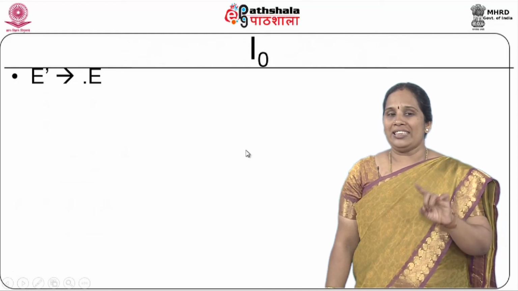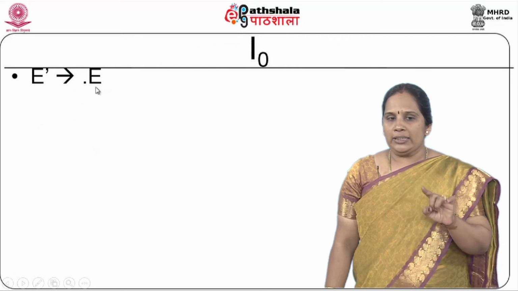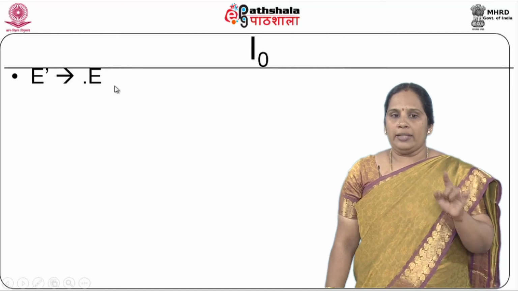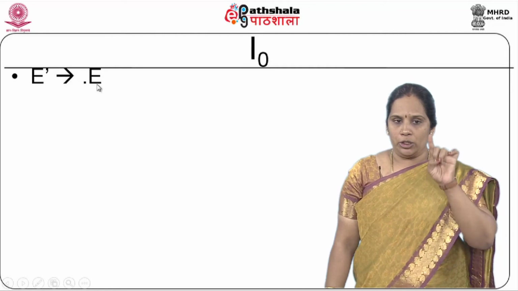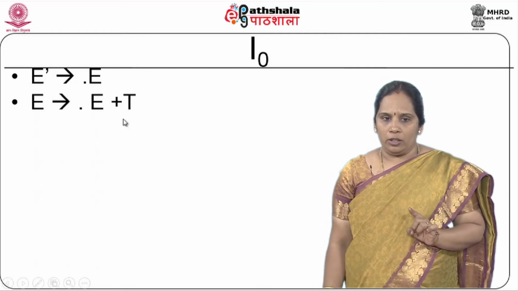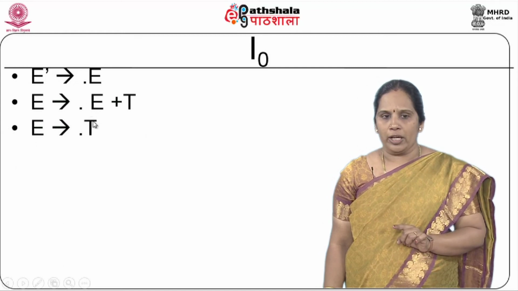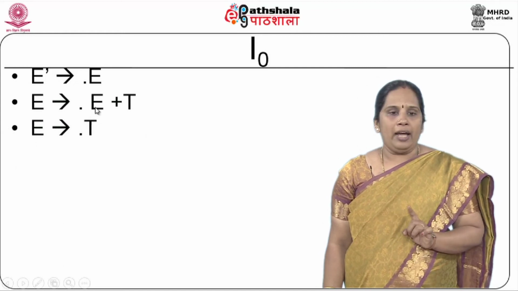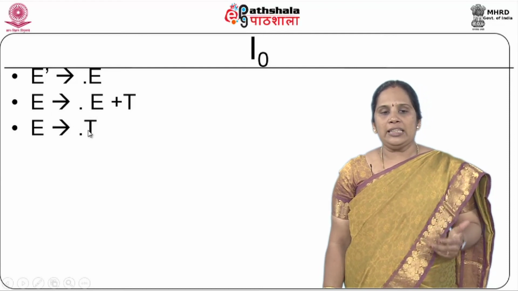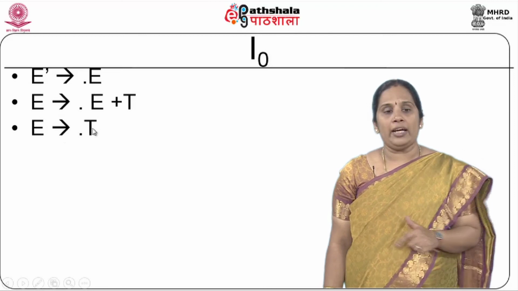But what is this condition? E is a non-terminal appearing after a dot, therefore, I have to add the productions of E with a dot at the beginning. So, E produces dot E plus T and E produces dot T. Again, look at these two productions. This has an E after a dot, so no problem, we have already added the productions of E. This has a T after a dot, so I have to add the productions of T again.